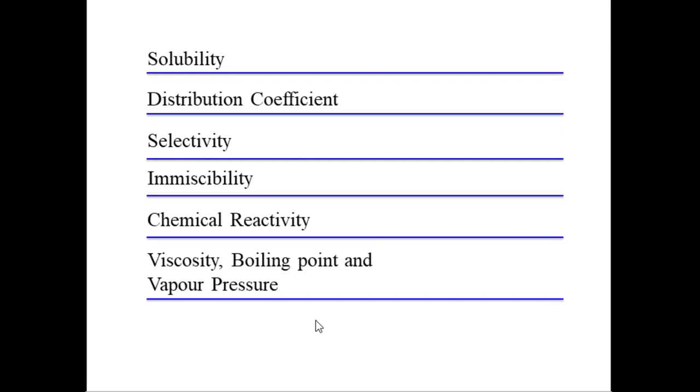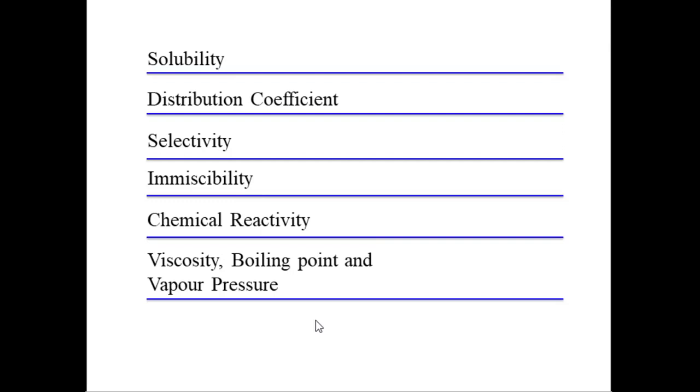Solubility is supposed to be the first property that we must consider in deciding the applicability of a solvent, because it refers to the ability of a solvent to dissolve a considerable amount of the analyte. If you have chosen a solvent wherein the analyte is not soluble, then the extraction process is of no use.